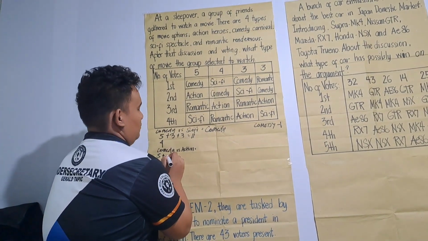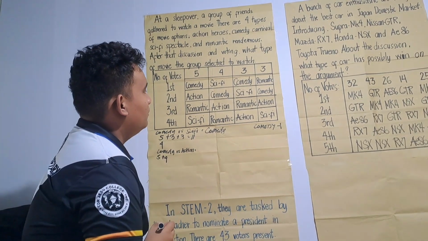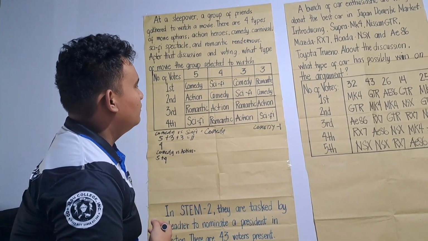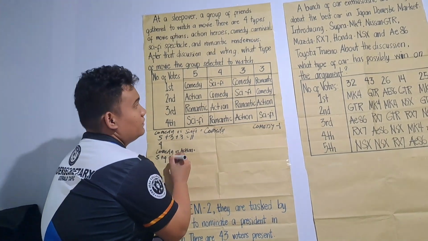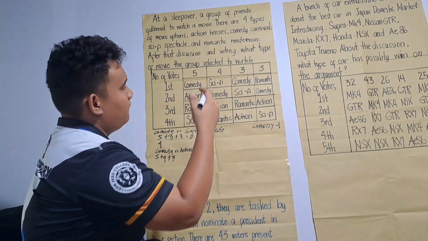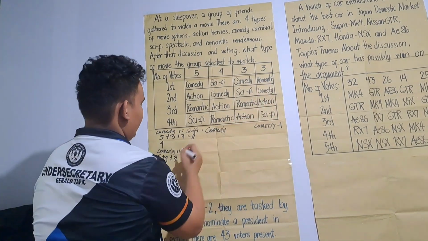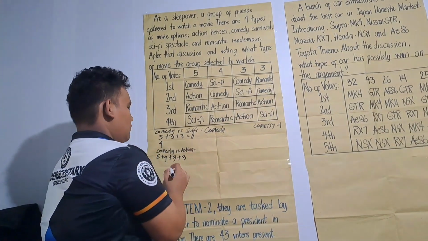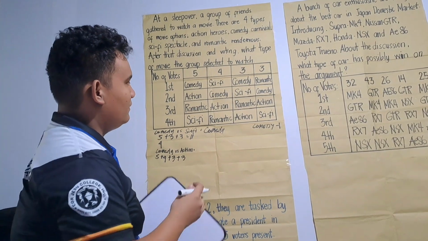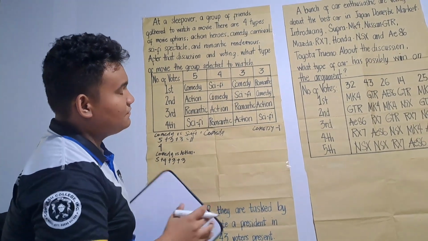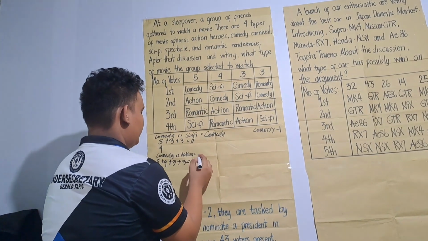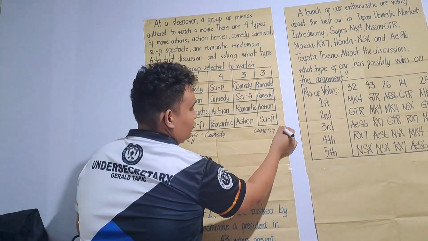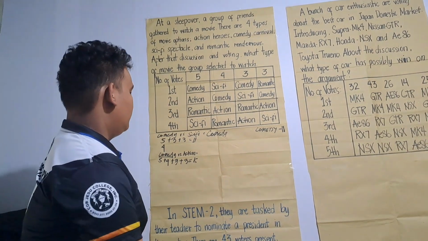In the third column, comedy has three votes. The fourth column, comedy has three votes again. So yung action no is walang last pick siya. So total of 15 votes for comedy. Comedy has two points na.